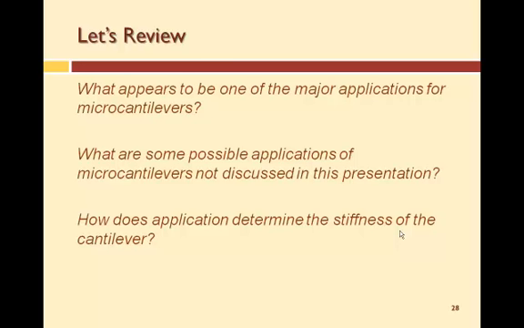Cantilever, piezoelectric material. When it's moved down, it induces a voltage. And it works off of vibrations in the structure.